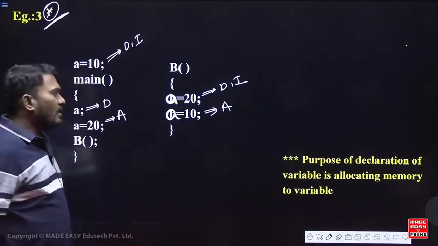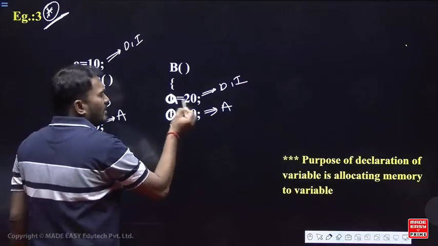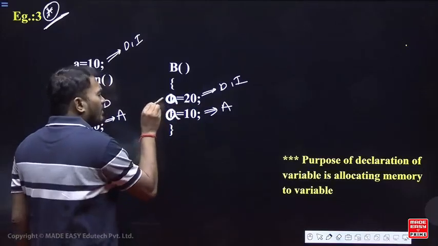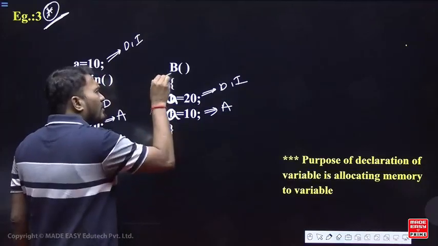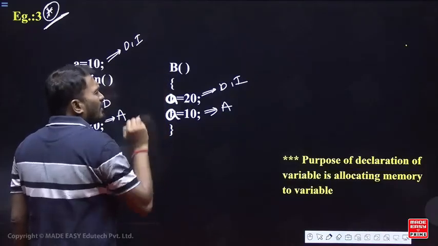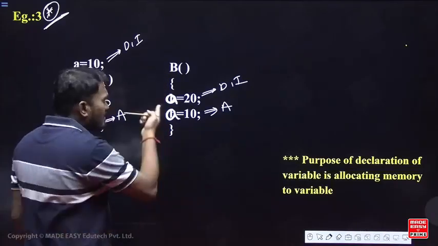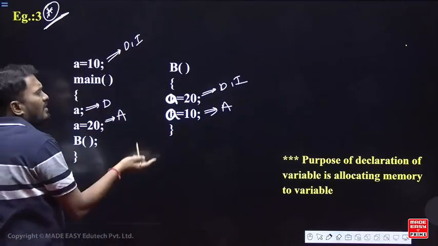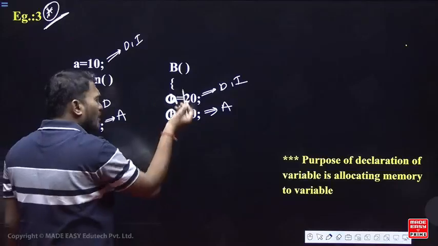Now you are having a doubt, sir, why is this not an assignment? Remember, this is not an assignment because if I want to declare a local variable in function B, how do you declare it? In the same manner, because nowhere is it an integer. So if I want to declare a local variable, this is how you have to declare it.